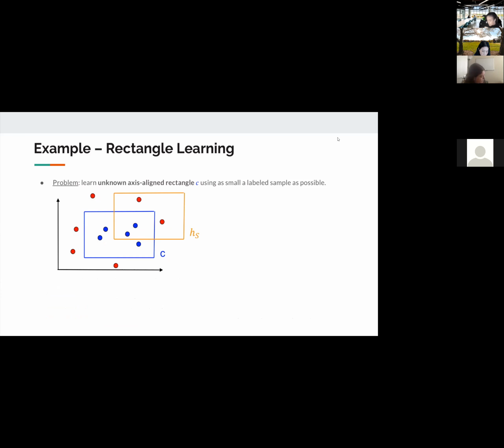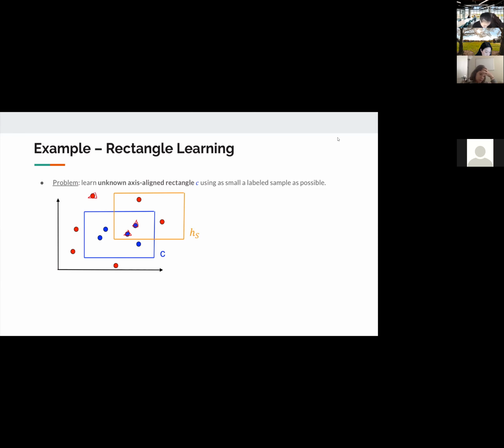Anyway, so this point will be classified correctly, right? Because they are actually within. So you won't make a mistake on these two dots, right?